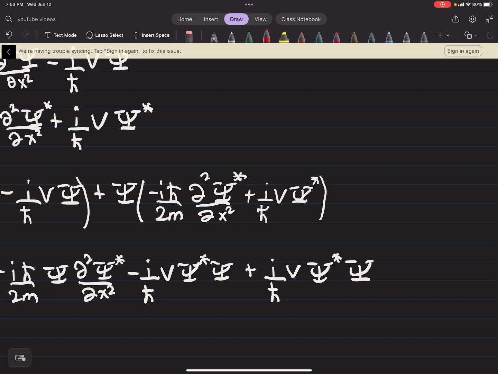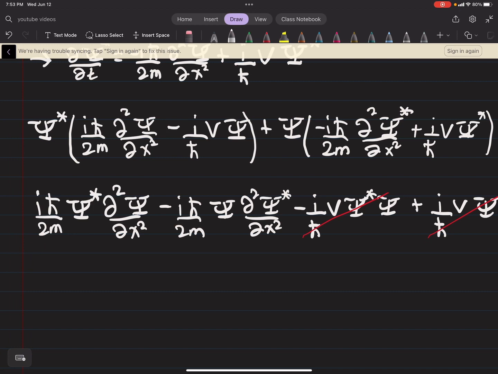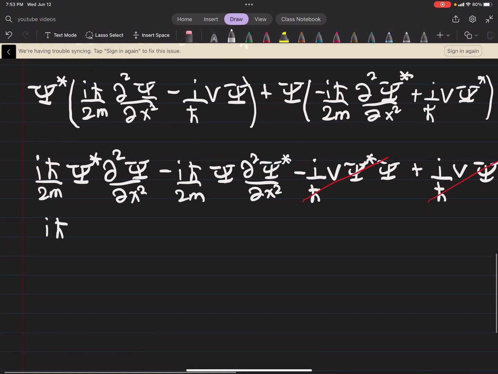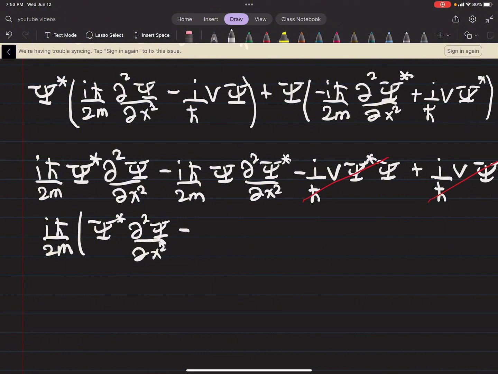So obviously these terms go away, and we're left with just this. And we can of course factor out some of these constants. We can factor out an i h bar over 2m, and we're left with psi star times the second derivative of psi with respect to x, minus psi times the second derivative of psi star with respect to x.